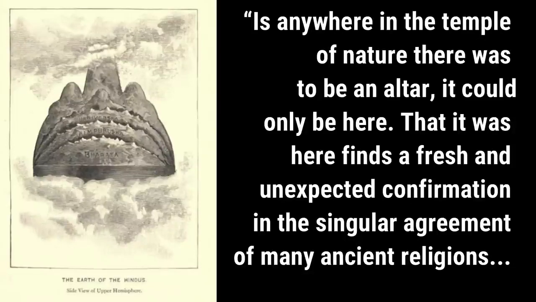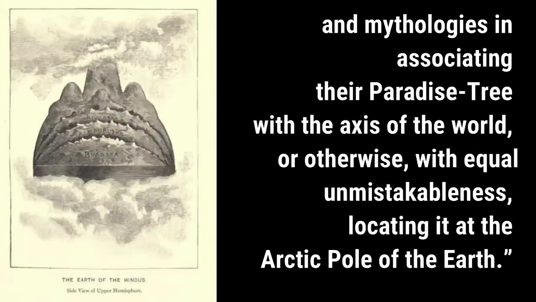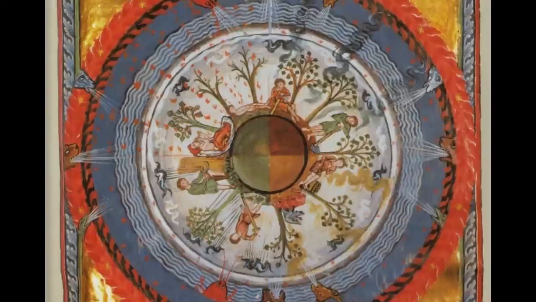That it was here finds a fresh and unexpected confirmation in the singular agreement of many ancient religions and mythologies in associating their paradise tree with the axis of the world, or otherwise with equal unmistakableness, locating it at the Arctic pole of the earth." The North Pole is truly the land of 1,000 names.